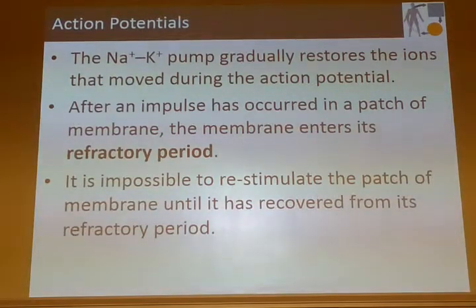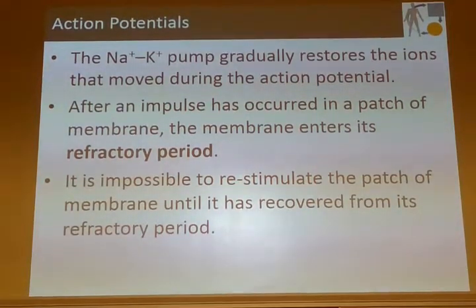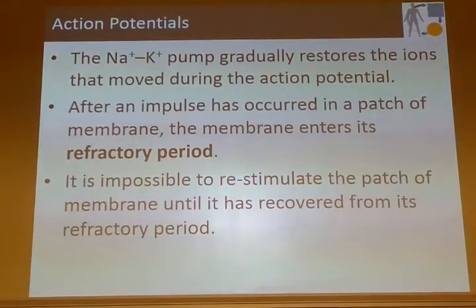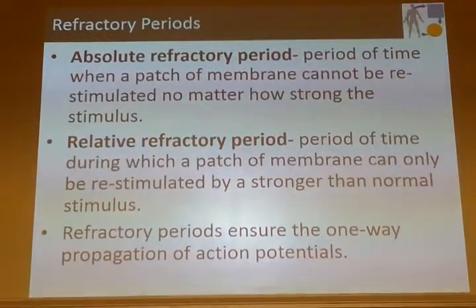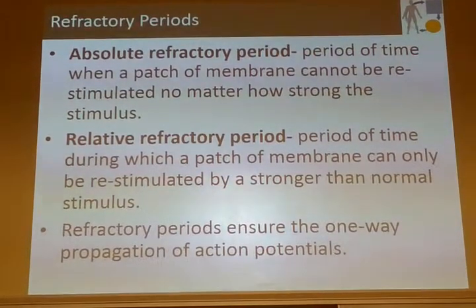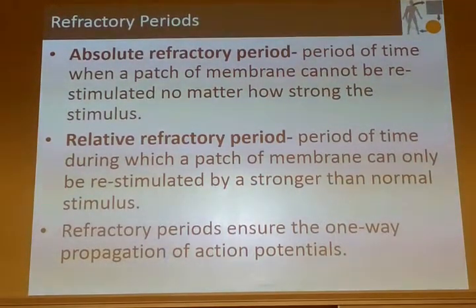So there's a time when sodium channels are closed, potassium channels are opening. You can get another action potential triggered at the trigger zone, the axon hillock, initial signal, but it requires a bigger stimulus. That's when you're in the relative refractory period. So relative, you can re-stimulate the nerve, but you need a stronger stimulus.